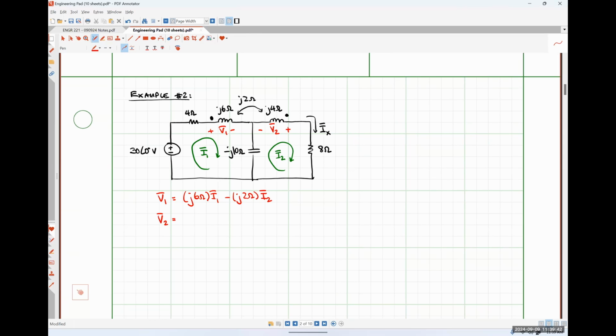So just to be clear, the positive sign is at the dot. The current is flowing into the undotted end. So that's where that negative sign came from. Definitely on board with that. So negative J4 ohms times I2. All right, and then the mutual term, please. Plus J2 I1. So positive sign is at the dot, current is flowing into the dot, so we get a plus sign.